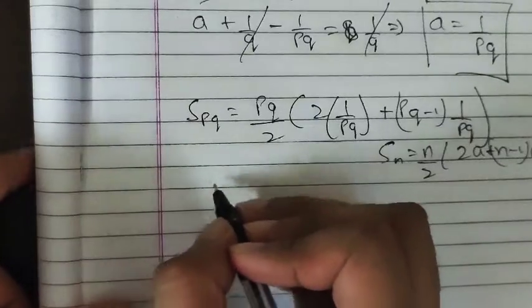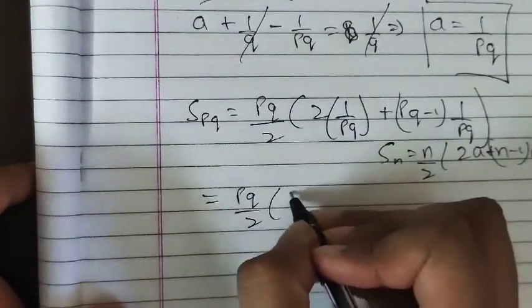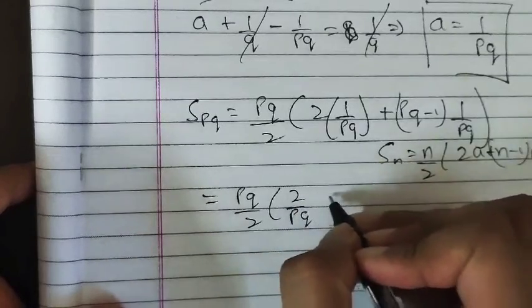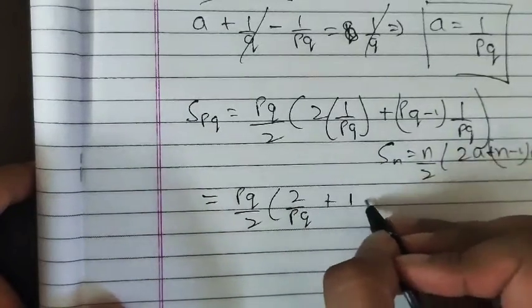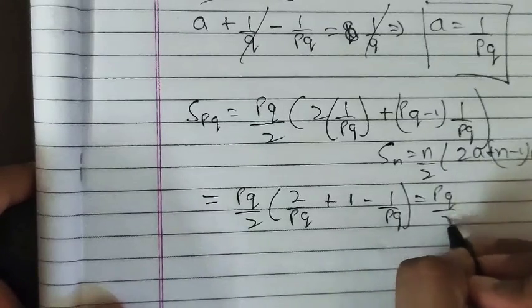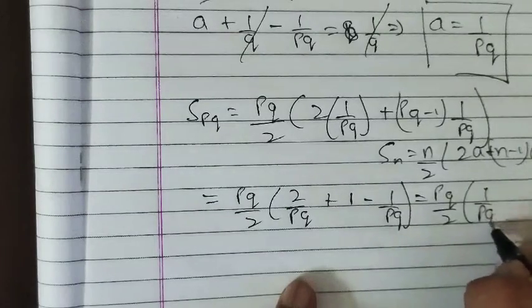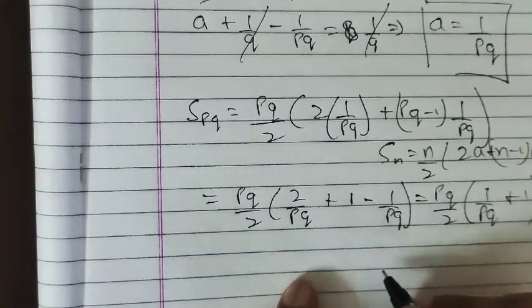So now this is equal to pq upon 2, 2 upon pq plus pq upon pq, which is 1, minus 1 upon pq, right? So pq upon 2, 2 upon pq minus 1 upon pq is 1 upon pq, plus 1, right?